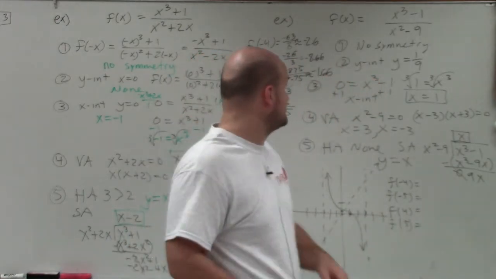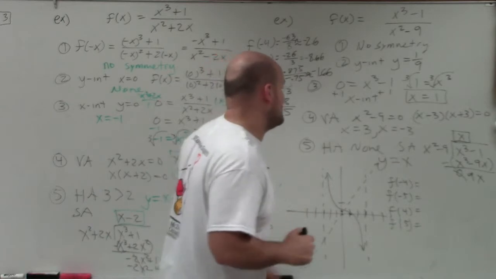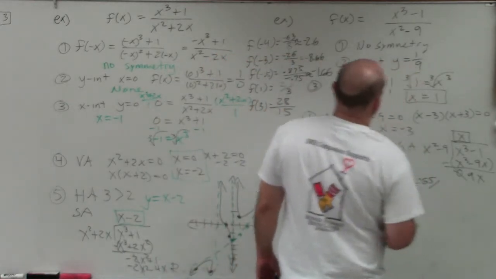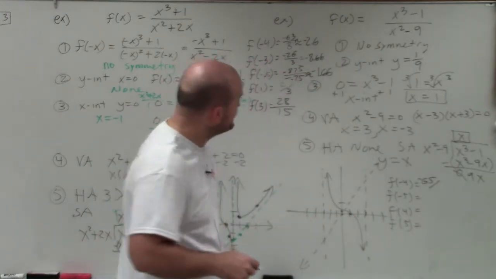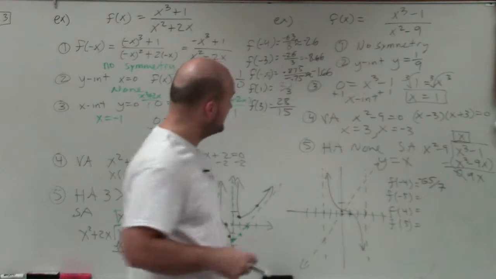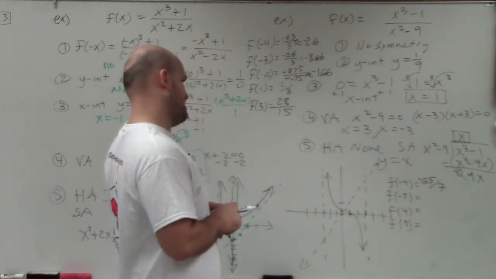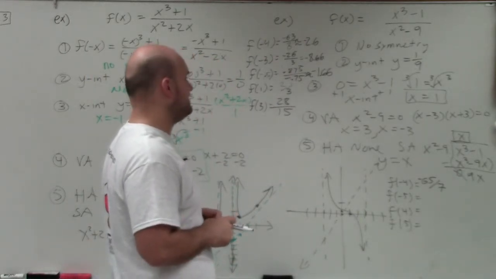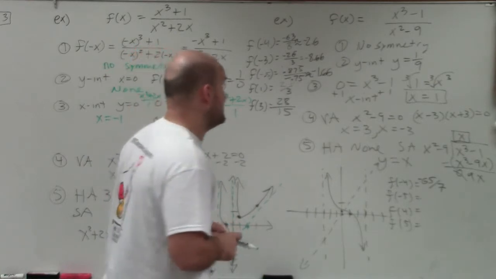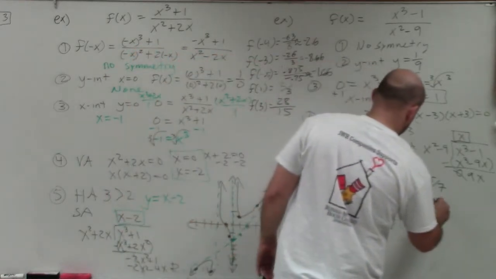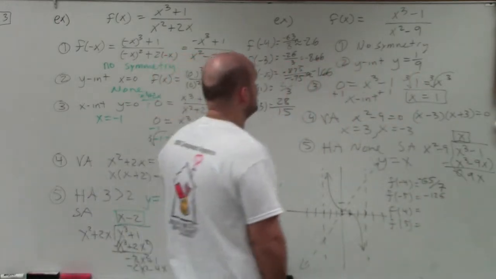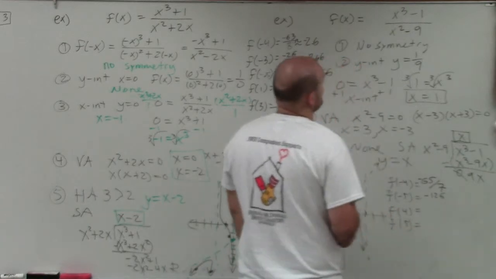So -4 cubed is negative 64, minus 1 is negative 65, divided by 16 minus 9, which is 7. Then -5 cubed is negative 125, minus 1 is negative 126, and 5 squared is 25, minus 9 is 16.